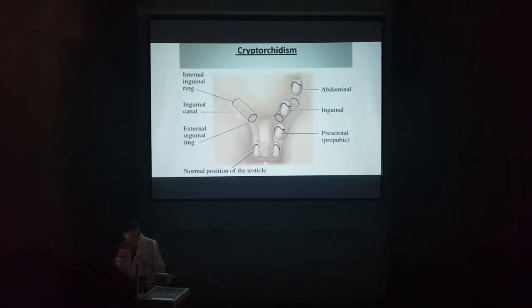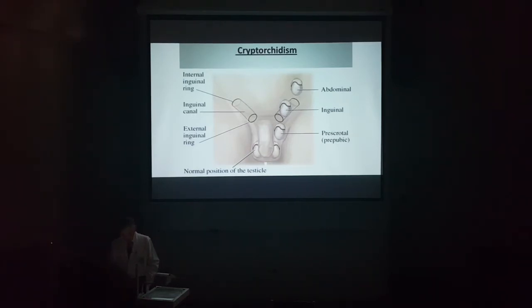Why should I have an inguinal canal? It is made so that the testis comes down to the bottom of the scrotum. The testis is created at the back and should come to the bottom of the scrotum at the moment of birth.